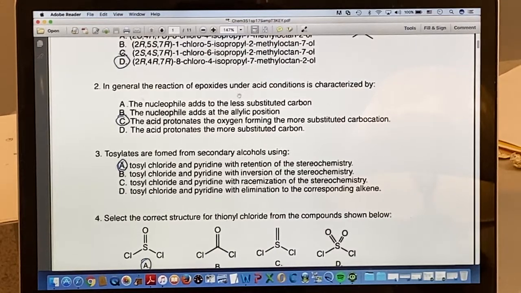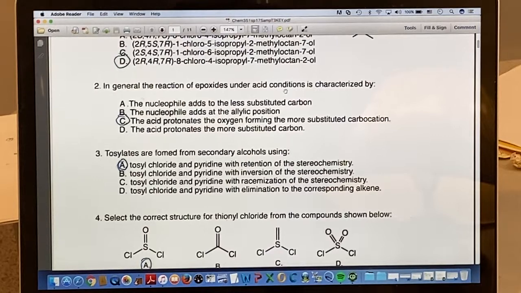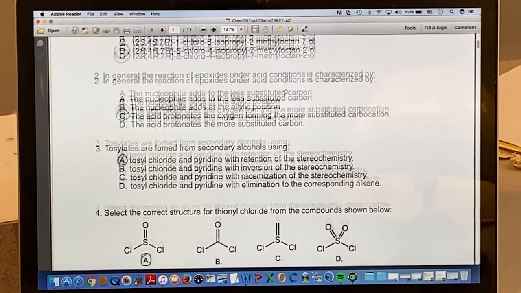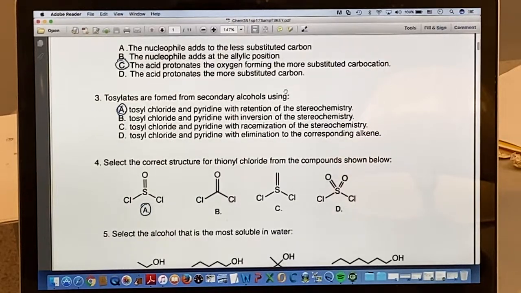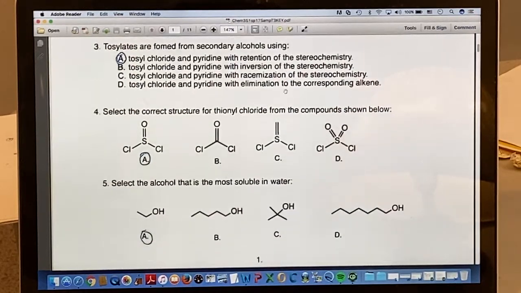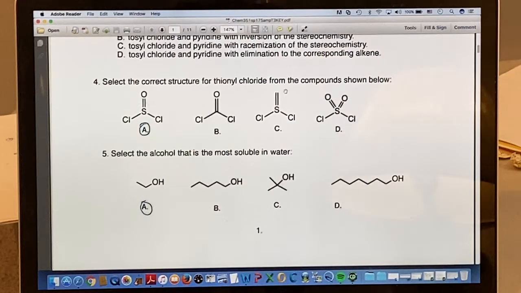That's under acid conditions. So that's like with sulfuric acid, water, or some other nucleophile. We've got tosylates. We just talked about that. Retention of stereochemistry. And know what the reagents are. We've got thionyl chloride. We've got borane. We've got 9-BBN.